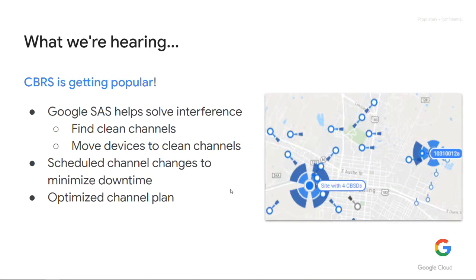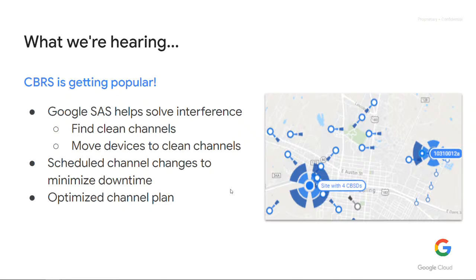So, as I said, what we're hearing is that CBRS is getting popular. Interference is becoming a more common problem for operators, particularly in more dense areas where there's multiple companies providing service. And it is becoming more of a challenge to find clean channels in those areas, particularly after the PAL launch, which, as you know, assigned some channels to specific PAL winners.